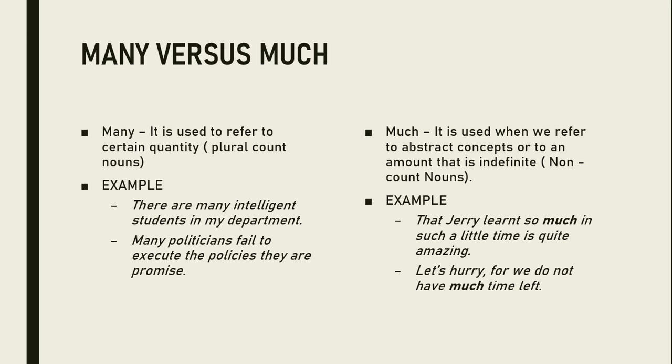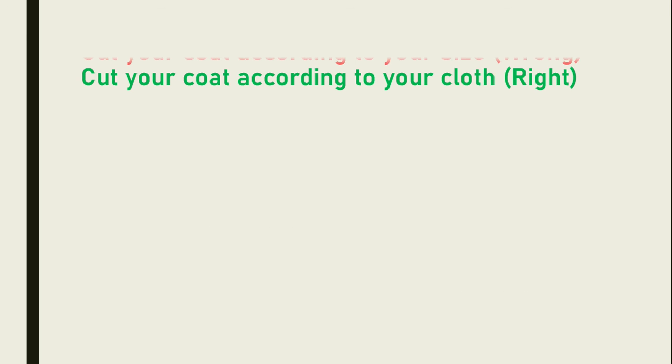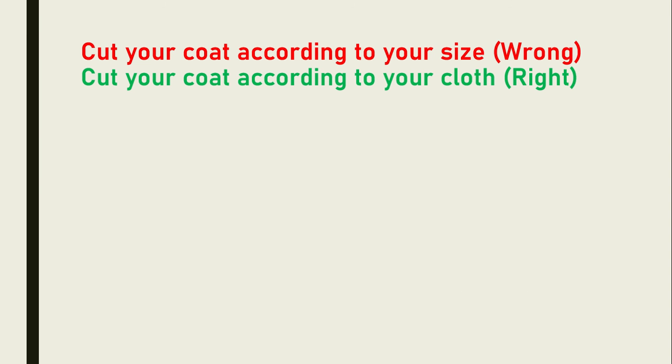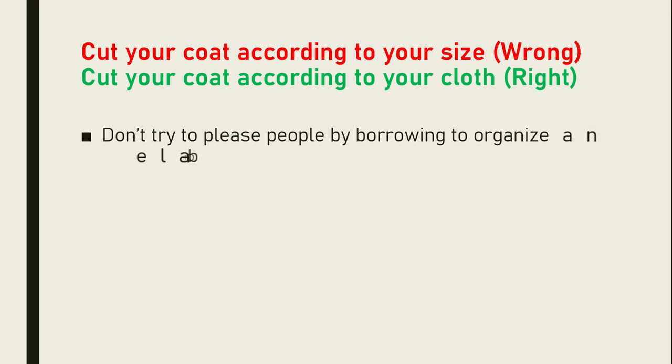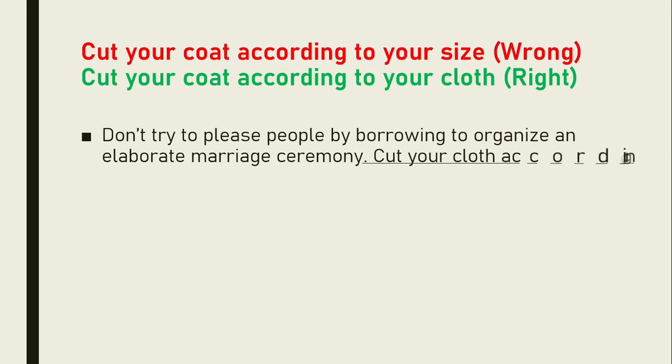I hope it's clear. Here's another error. Cut your coat according to your size, which is wrong. The correct one is cut your coat according to your cloth. Don't try to please people by borrowing to organize an elaborate marriage ceremony.